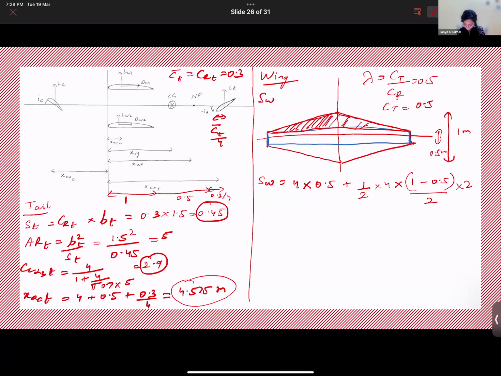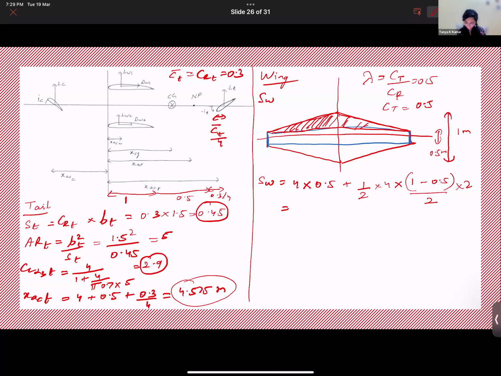So can you tell me this value? Let me try calculating it. Meanwhile, you also tell me if I'm right. I've got 3.